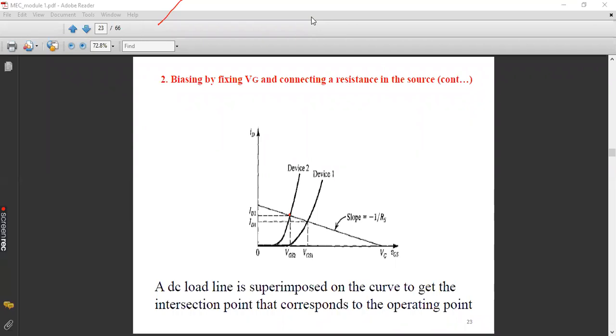Yes, Nikita. Yes, what will be the possible value of ID? You are fixing a point on the x-axis. So what will be the value of y-axis? If you are fixing a point in x-axis, in a two-dimensional plane, what will be the y-axis coordinate?